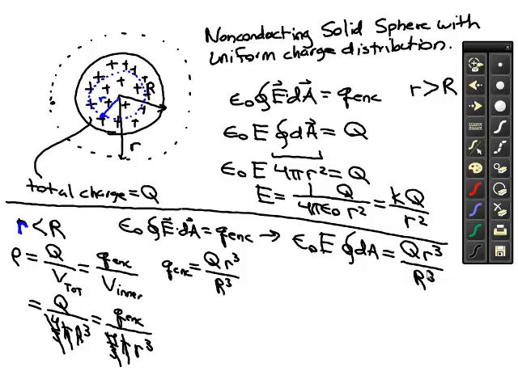So it's the area of this blue sphere here, and I'm going to claim that the surface area is 4 pi little r squared. Okay, we do a little algebra, and solve for E.